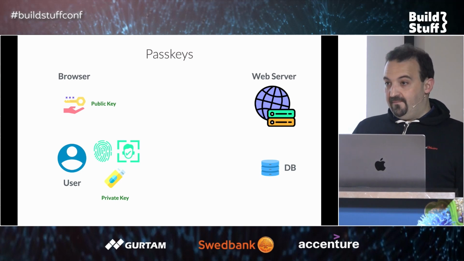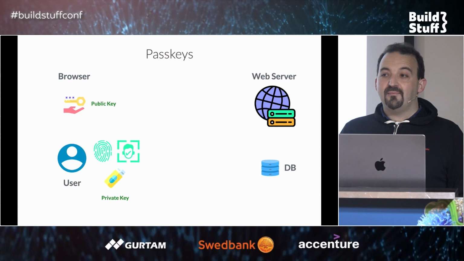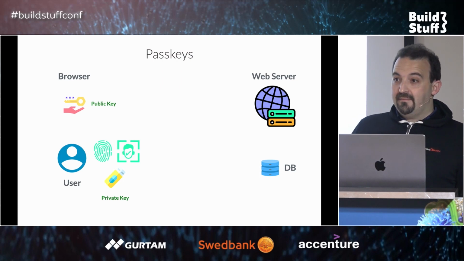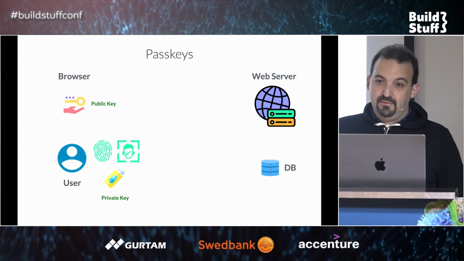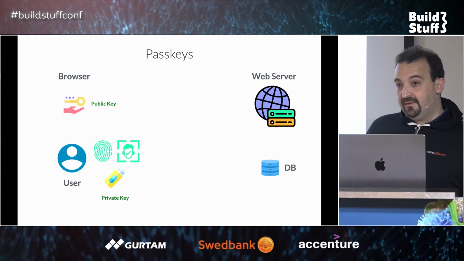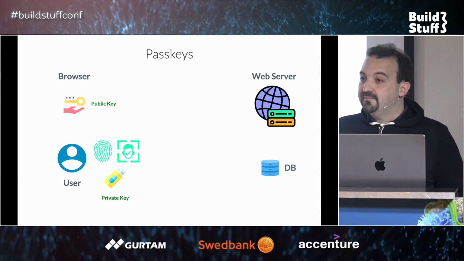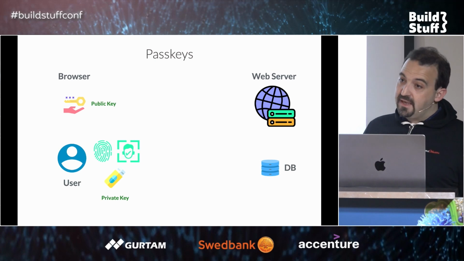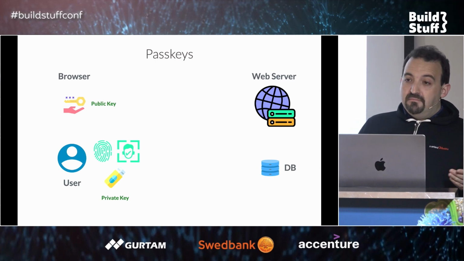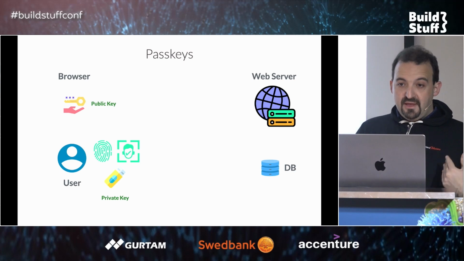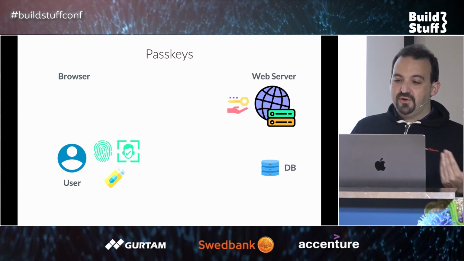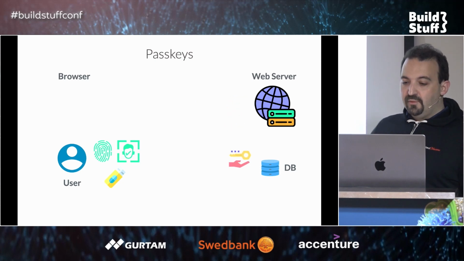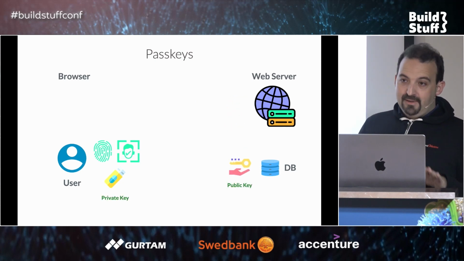The private key is stored safely somewhere, where it can be hardware-based, in the phone, in iCloud on Apple, or in your Google account on Android or Chrome, for example. It can be a USB key. The public key is in the browser. You can actually see the key in JavaScript. It's a public key, and we are going to send it to your server, and you will store the public key in your server.